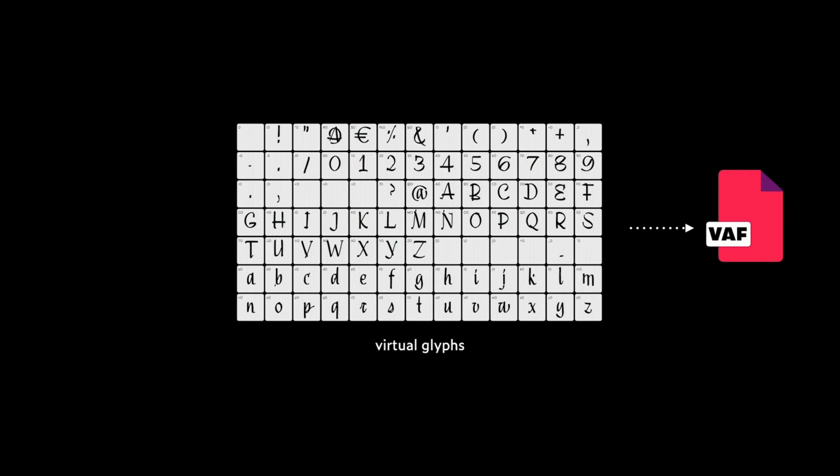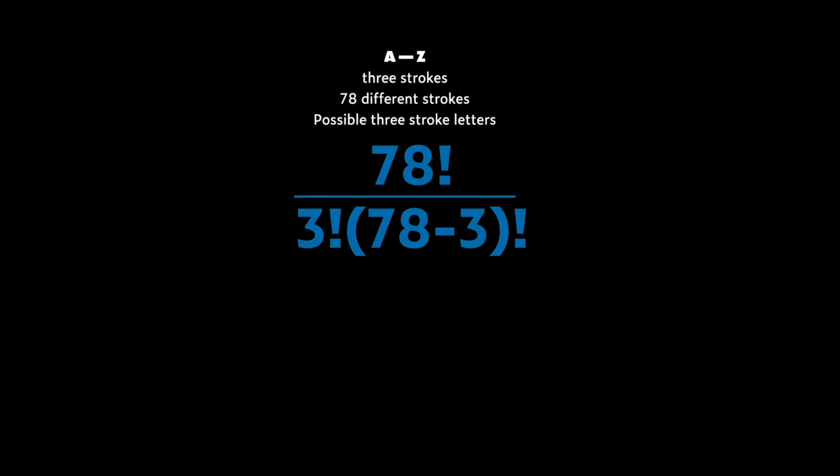And we just talked about this set, what you then can create, like the virtual glyphs, which then gets this WAV file. Just take uppercase A till Z, and consider that all letters consist of 3 strokes, and then we have 78 different strokes.